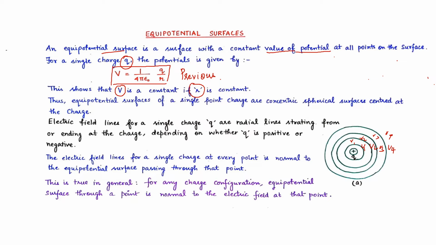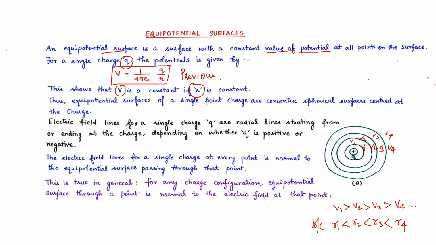In this case, the trend followed is V1 greater than V2, greater than V3 and greater than V4 and so on, because R1 is smaller than R2, smaller than R3, smaller than R4.